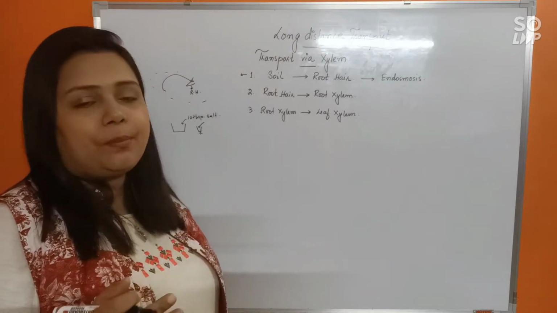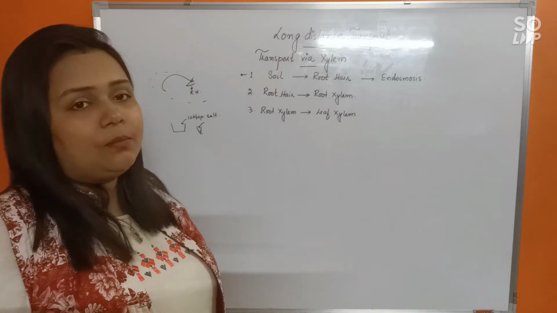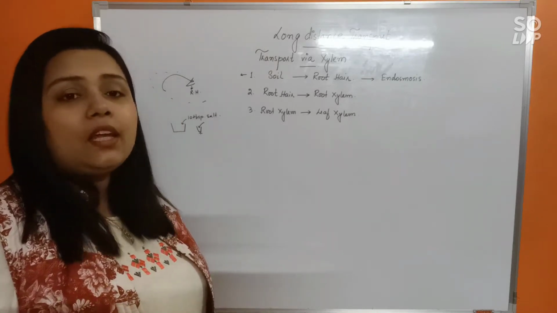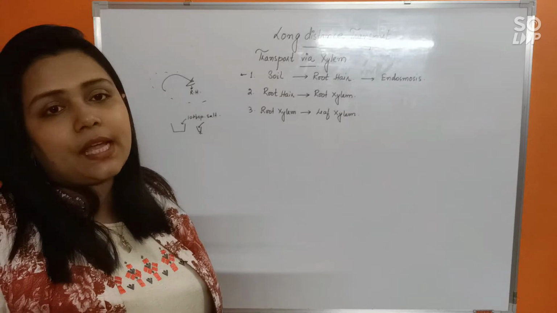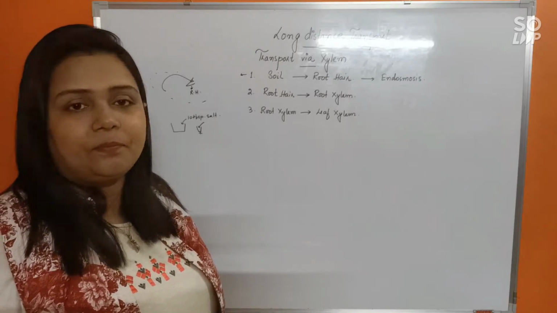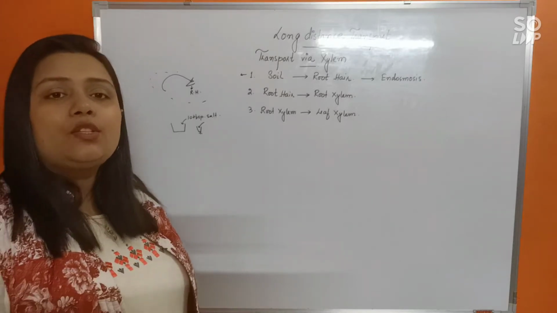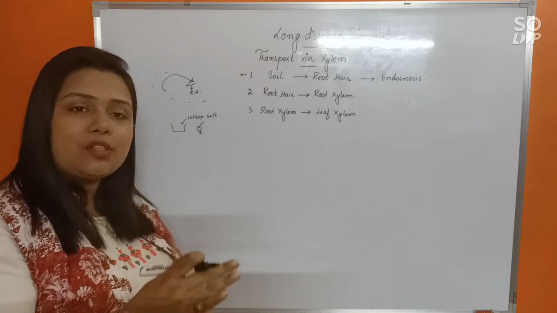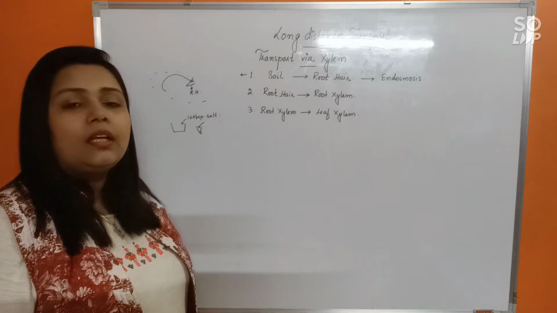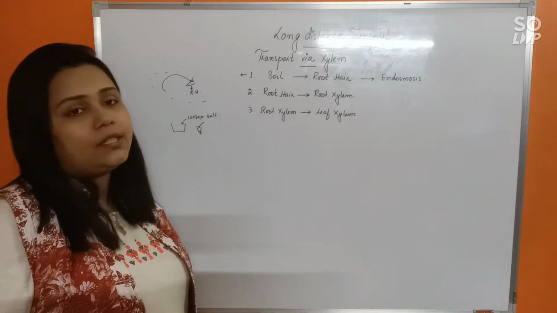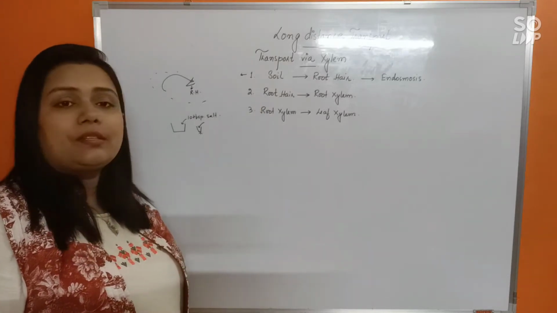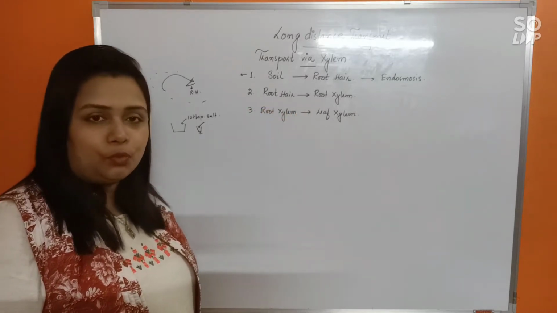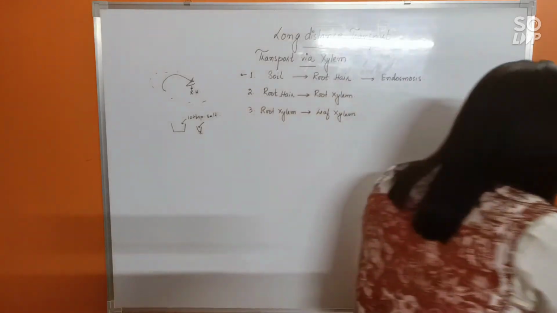Root hair is a part of the epidermis, then comes the general cortex as hypodermis is absent in roots, then comes the endodermis, then the pericycle, and finally the xylem, the vascular bundles. There are so many layers to be surpassed. Now, how will water surpass all these layers? That is what we are going to discuss in the second part: from root hair up till root xylem, how the water would move. Let's see that.